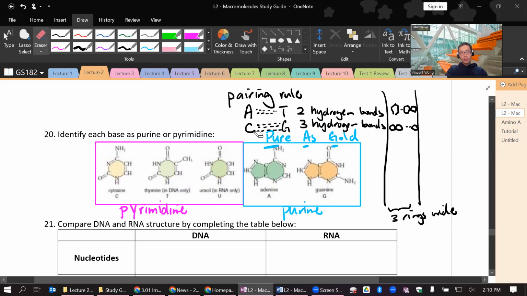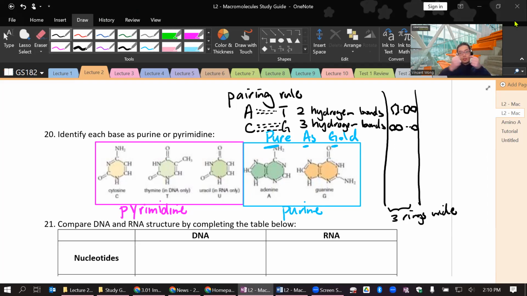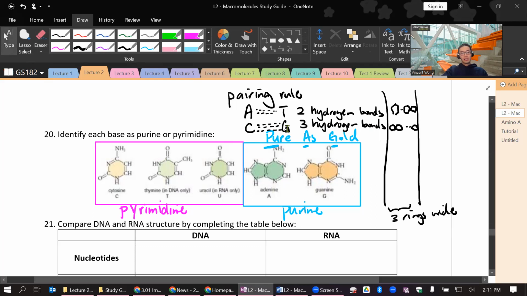So it's harder to pull apart C and G compared to A and T. Okay, think about having two pieces of wood, holding them together with two nails versus three nails. It's going to be harder to pull apart, right? If you have three nails. That's what the hydrogen bonds are. And so the more CGs you have, the more difficult it would be to separate the DNA strand. And that has implications, which we'll discuss later on.